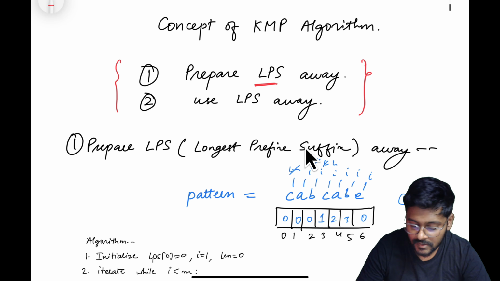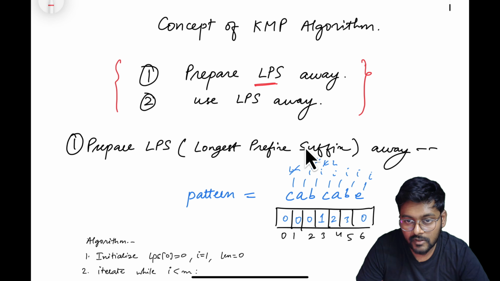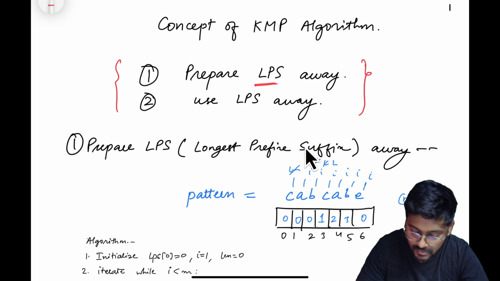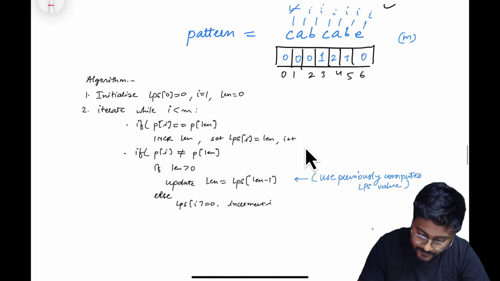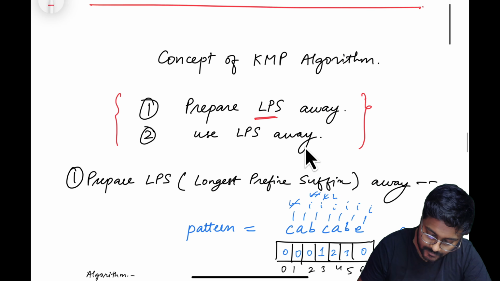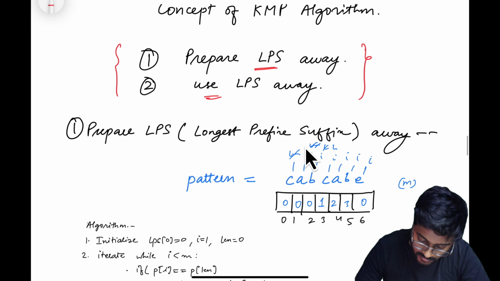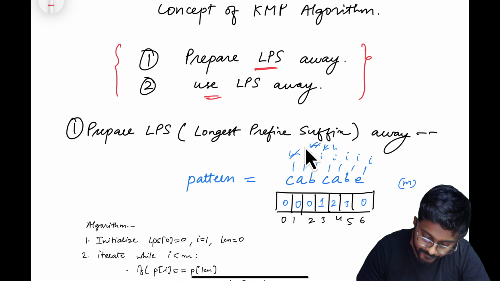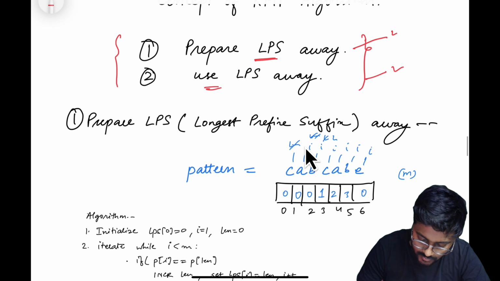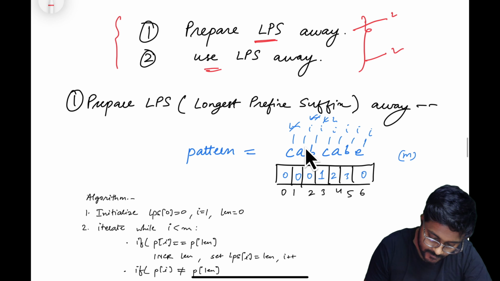Preparing the longest prefix which is equal to suffix value for every substring starting from index 0, and then using it. Simple. Firstly we have to do this, and then we have to do this. We'll have a look at them step by step.